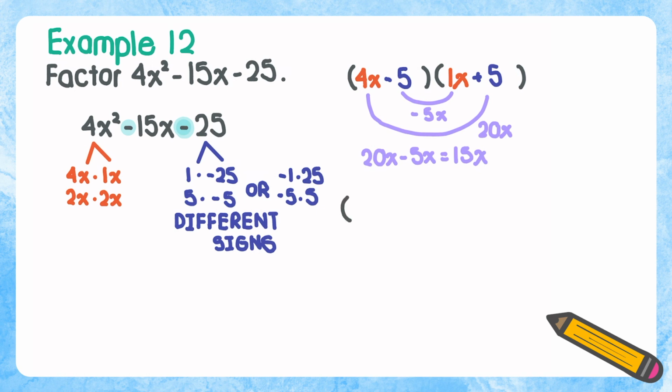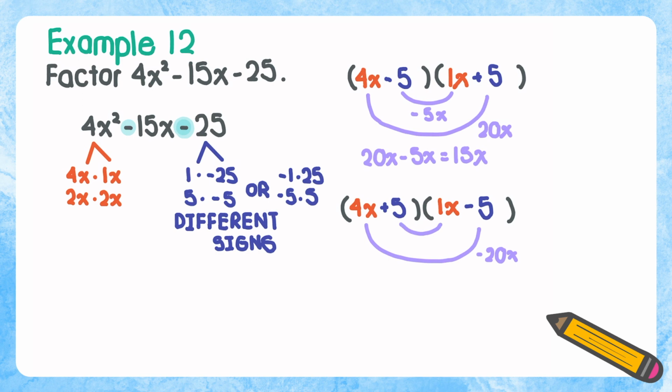So what I'm going to try out is just flipping the signs. So I'm going to try 4x and 1x still, but I'm going to try 4x plus 5 times 1x minus 5. So same process, multiplying the outside terms. 4x times negative 5 is negative 20x.